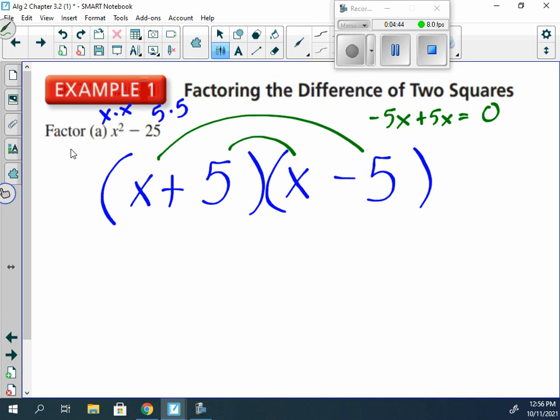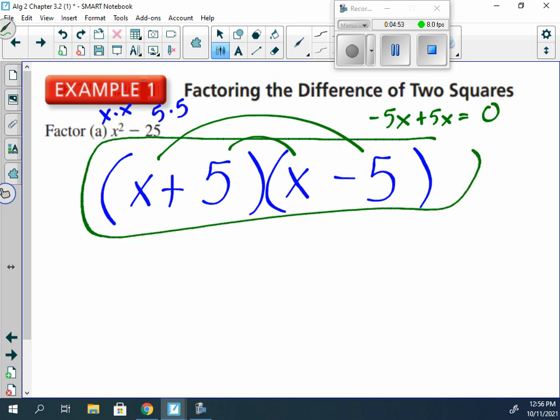Is that the correct middle term? Well, yeah, we don't have a middle term, do we? So it would be 0. So this is the factorization for this here. Questions on this here? We're ready for the next one.